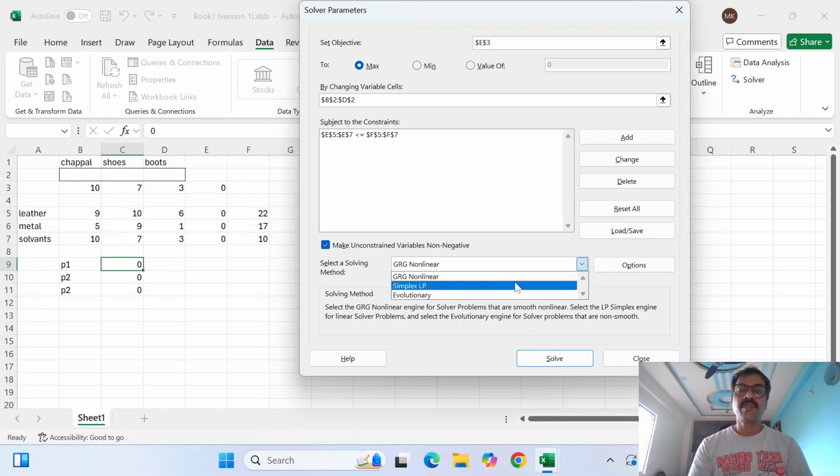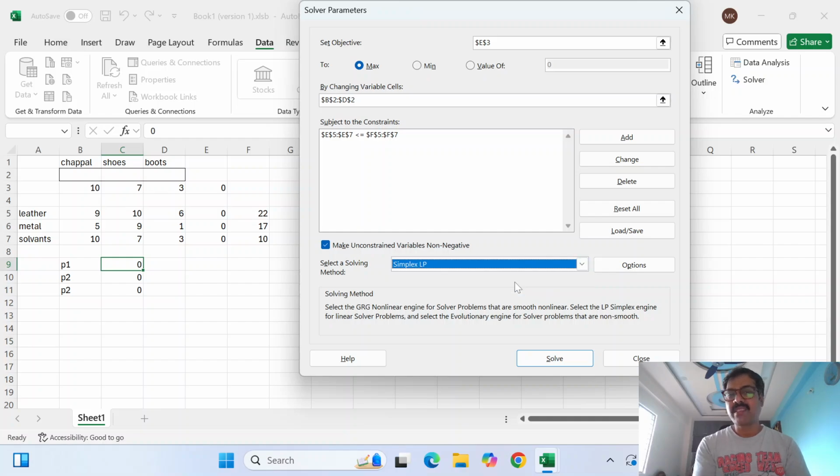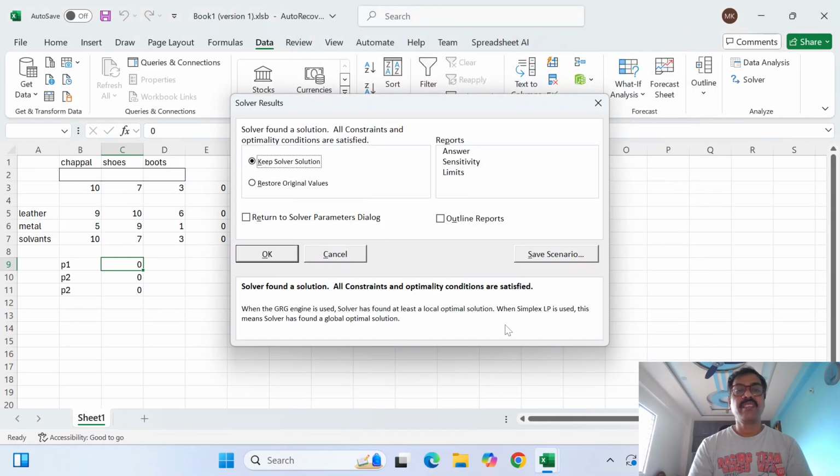Now first I will try to do it with simple LP, because this is a linear programming case. So I have to press this button, Solve. For this solution, I just have to produce chappals. My simple LP algorithm shows a solution which goes like this.